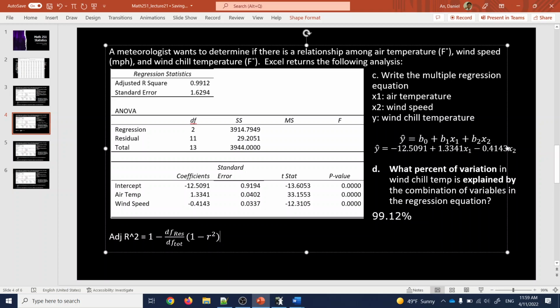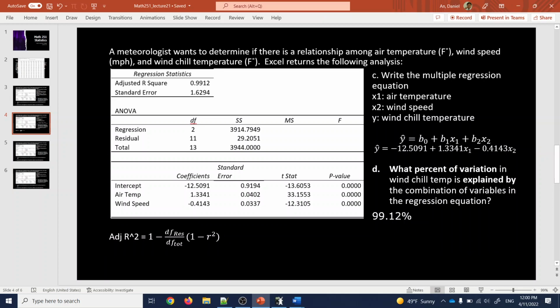So what this formula really does is it penalizes for having too many predictor variables, because if you have too many predictor variables, you can overfit the prediction just that way.